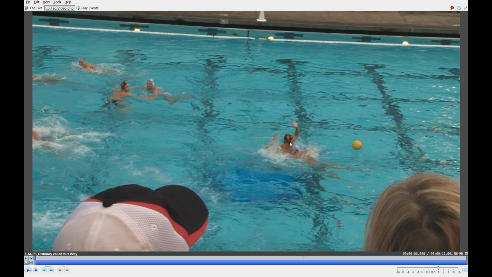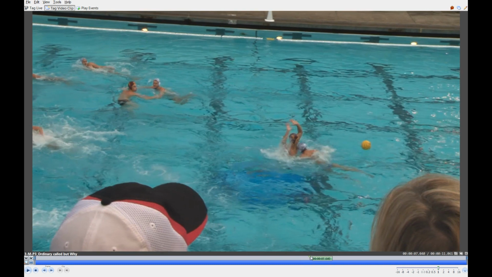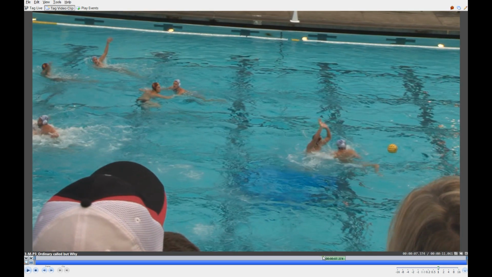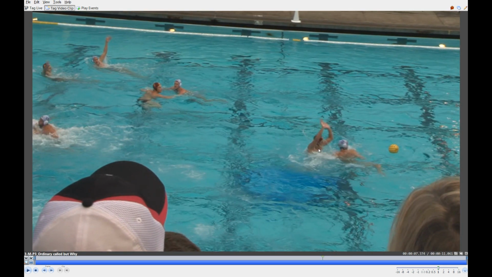However, notice that the defender, in vertical position, gets both hands up. I don't want to foul. Now he's in that vertical position, and he can step back to the ball and get the ball up and dry, and has a free throw.